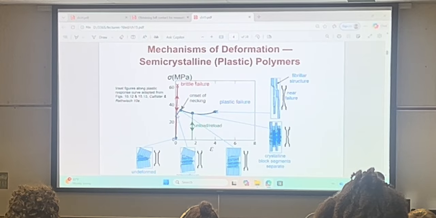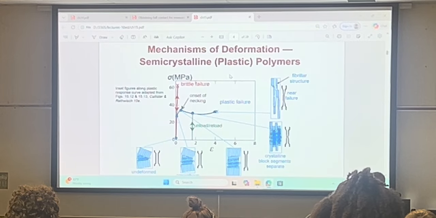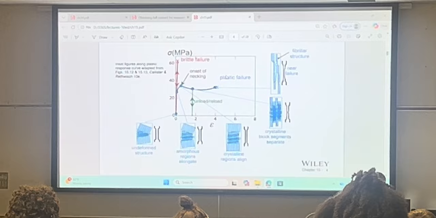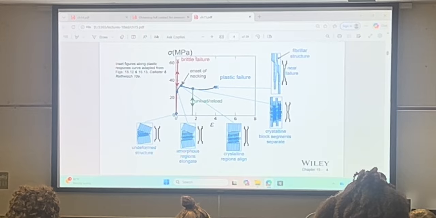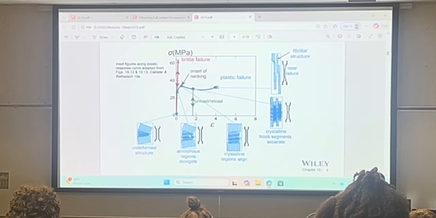Let's see what happens to the polymer that resembles metal behavior. For semi-crystalline plastics, here it is in the undeformed state. Then amorphous regions elongate, and then there's onset of necking.